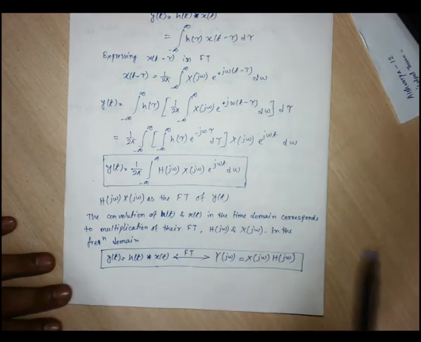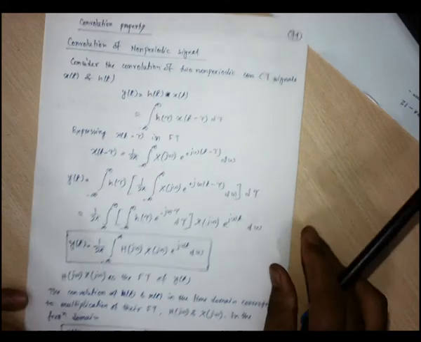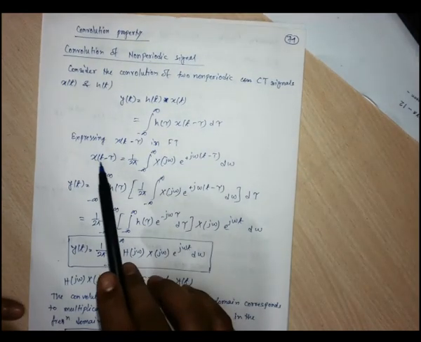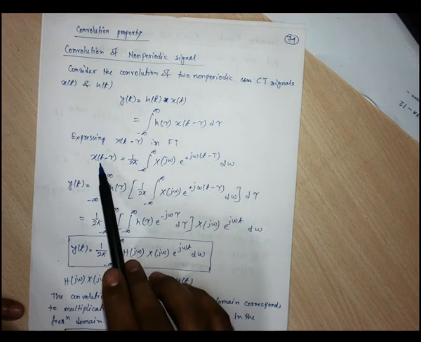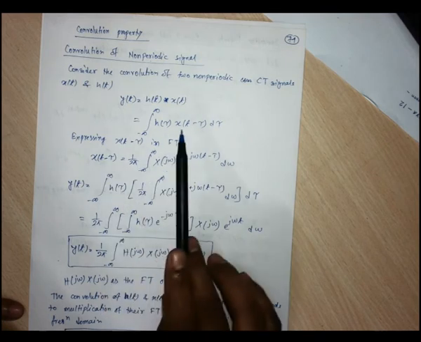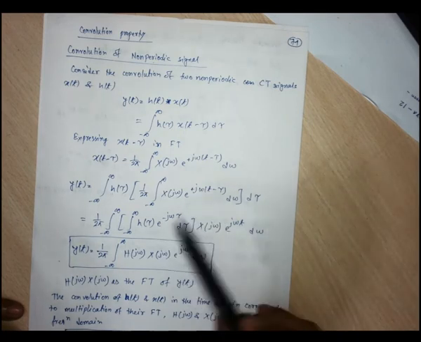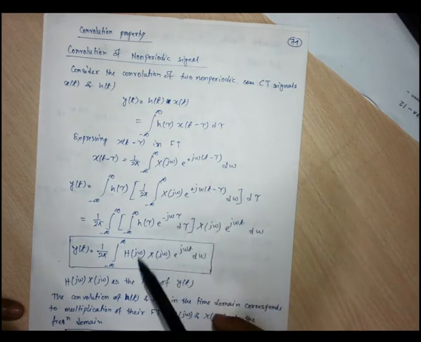Okay, so here we did all the manipulation. First we took this signal and found its Fourier transform, and used it here. After some manipulation between these two, we arrived at this.